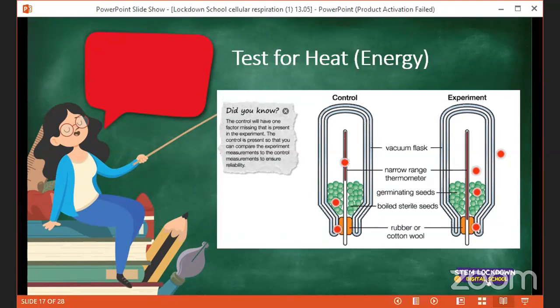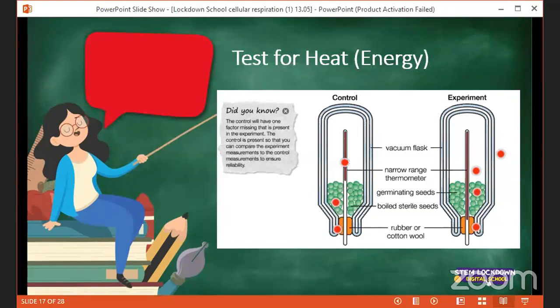Okay, so what we will see from this experiment is that the thermometer in the experiment vacuum flask will show an increase in temperature over a few days because heat will be produced by the respiring seeds.